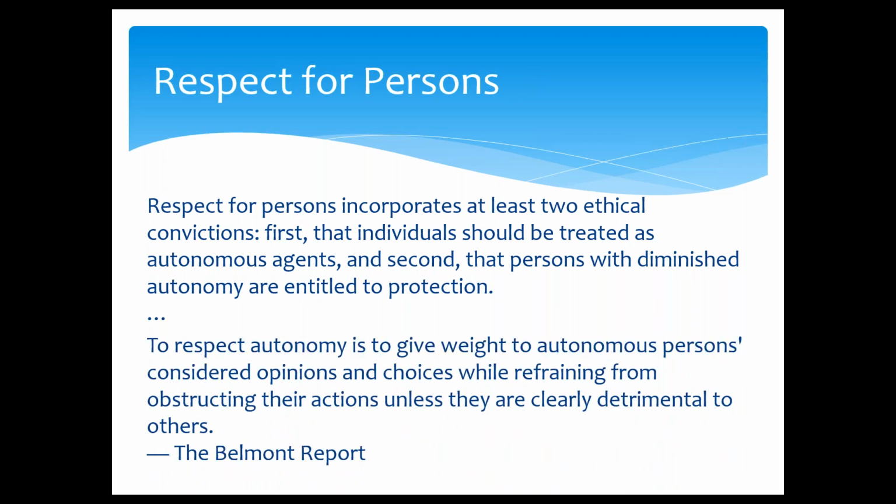It goes on to say that to respect autonomy, and they actually give us at least some definition of autonomy here, is to give weight to autonomous persons' considered opinions and choices, while refraining from obstructing their actions unless they are clearly detrimental to others. The most important part of this definition is in the dependent clause, which is unusual: while refraining from obstructing their actions unless they are clearly detrimental to others.